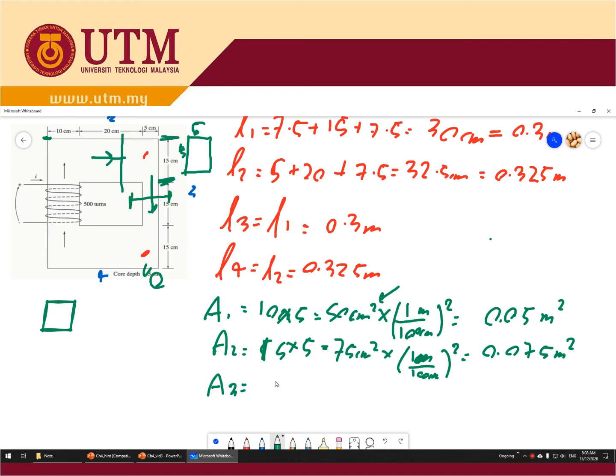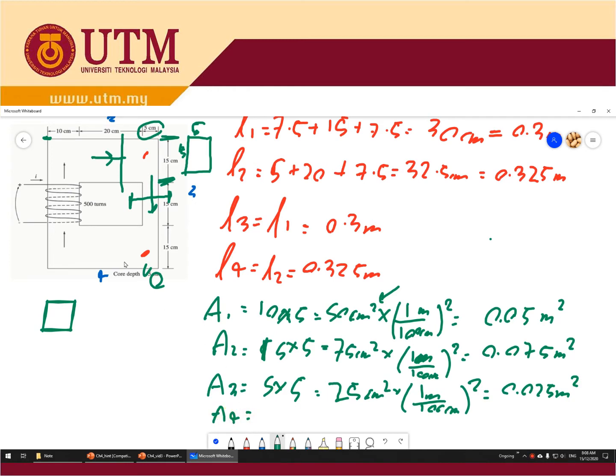So the cross section is basically this one 5, and then multiply by 5, 5 multiplied by 5, 25 cm squared, and then don't forget to change it, 1 meter is 100 cm. Okay, don't forget to square, and then 0.025 meter squared.